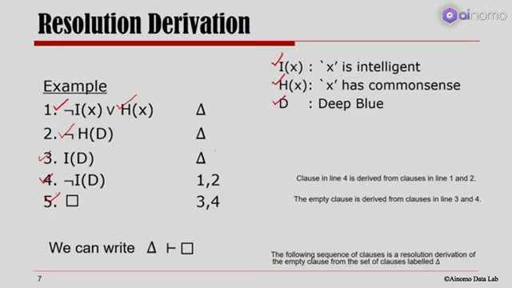So, in a resolution refutation, we first negate the goal. The negated goal is added to the set of clauses. So, I have delta union not phi. If phi logically follows from delta, the set delta union not phi is unsatisfiable.